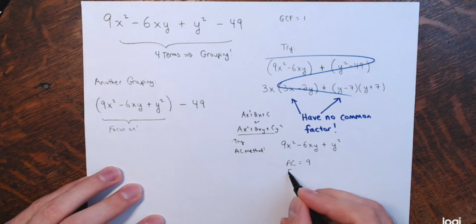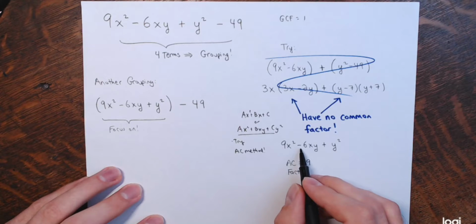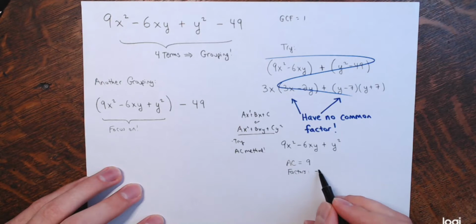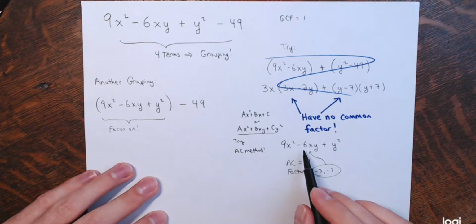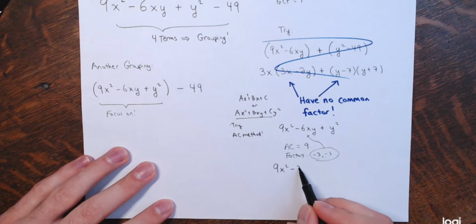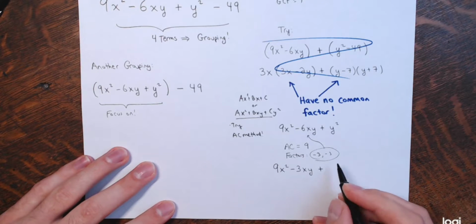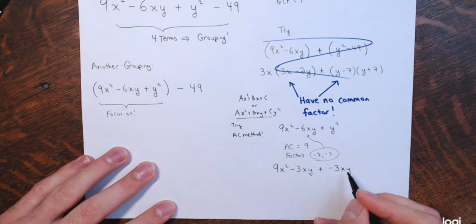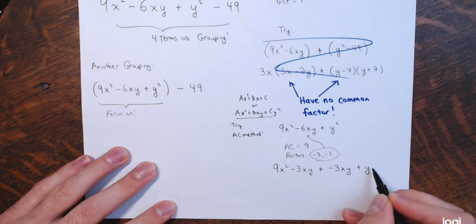And then I'm thinking of a pair of factors of 9 that add up to negative 6, that add up to b. That would be negative 3 and negative 3. So I use these two numbers to rewrite the middle term. We have 9x squared minus 3xy, plus, I like to have pluses because I'm going to be doing grouping again here, plus negative 3xy again, using negative 3 and negative 3 to make negative 6xy, and then plus y squared.